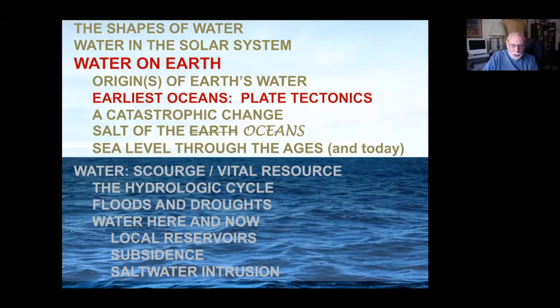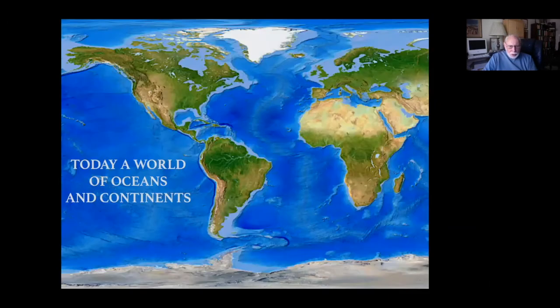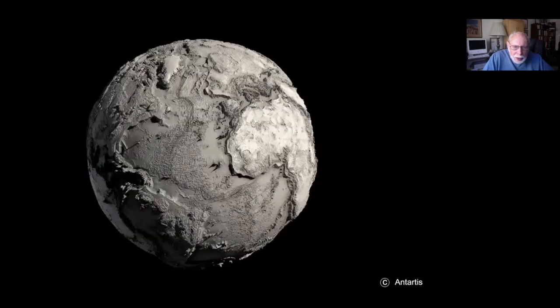Now, today, we live in a world of oceans and continents, and they're not dependent upon water. If we didn't have any water on the planet, I think we'd still have basins like this and continents just from plate tectonics.